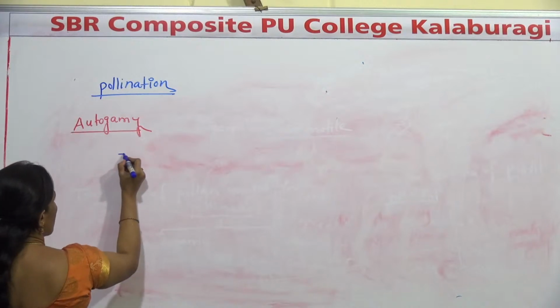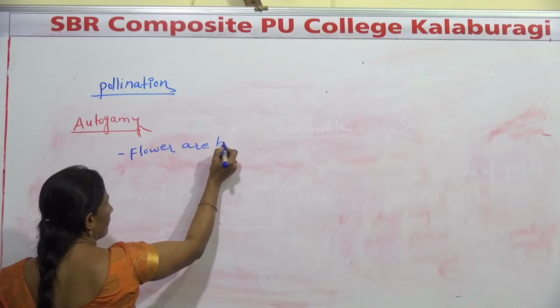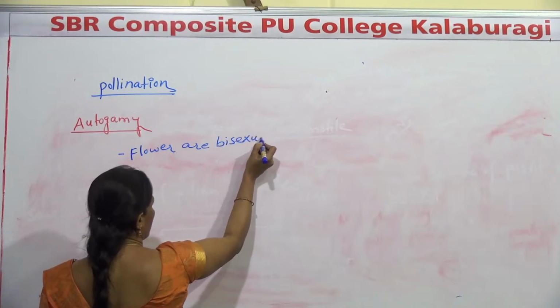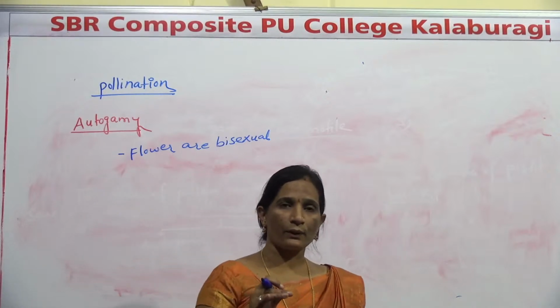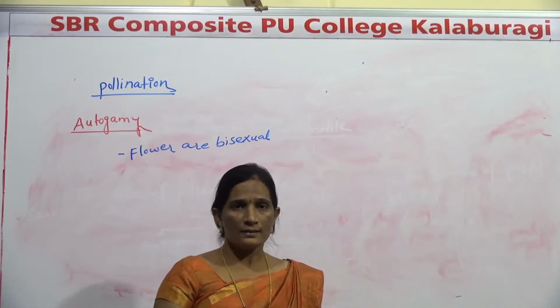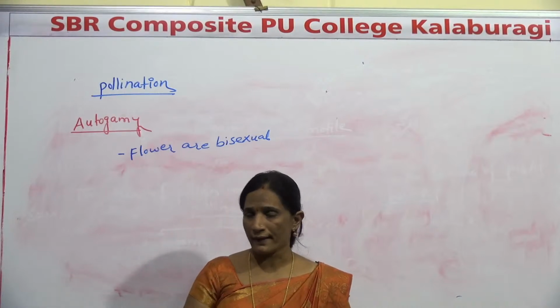First one is that flowers are bisexual. Is it clear? If both male and female reproductive organs are present in the same flower, then only self-pollination takes place.